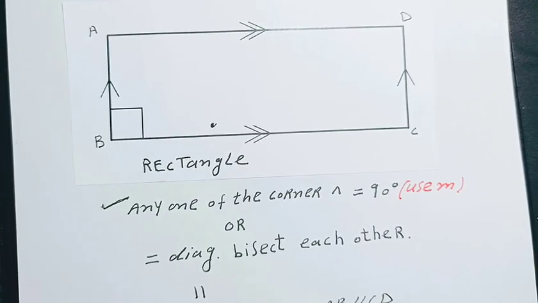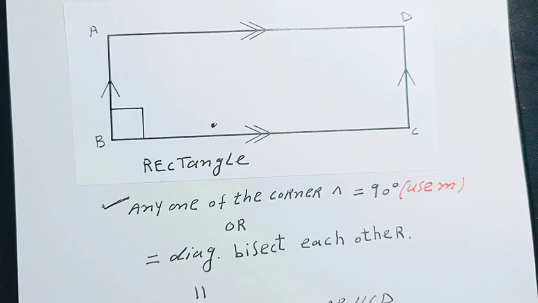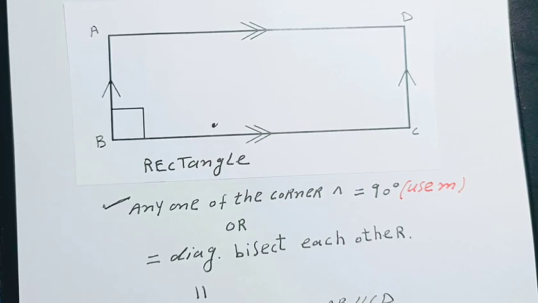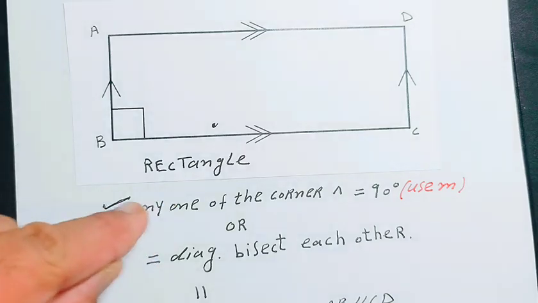So you must remember, this is very important to prove a rectangle. First we need to prove this is a parallelogram, and then we can prove this is a rectangle. So first we have to prove that both diagonals bisect each other, which means it's going to be a parallelogram. And after that you need to prove this is a rectangle, and then you take the gradient of adjacent sides.